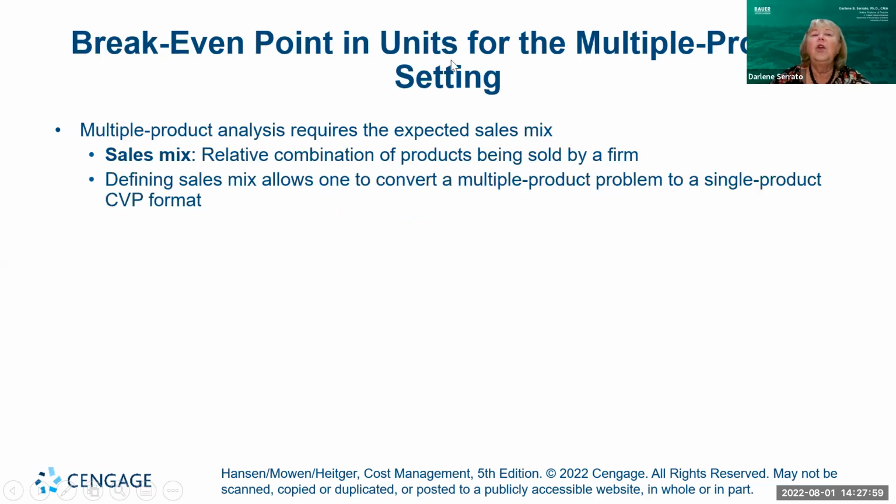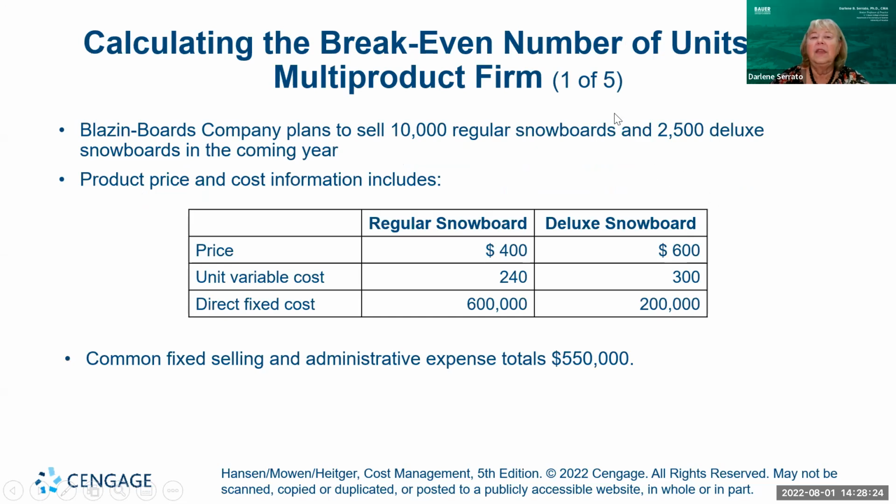Okay, we are not going to be doing multi-product CVP analysis, but it does exist. You have to look at the sales mix. So how much are we making of product A versus product B, and what the contribution margin is for each of those different products. So this shows you what to do, but we will not be doing this from a testing perspective.